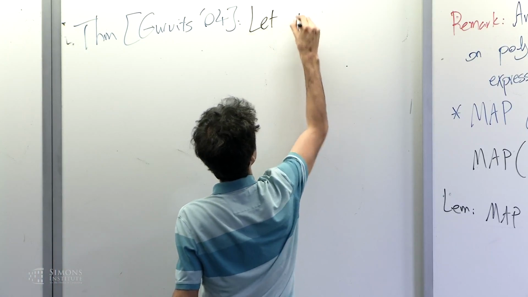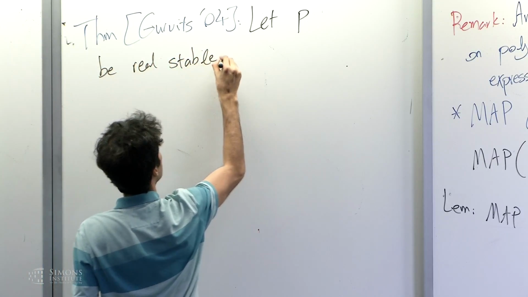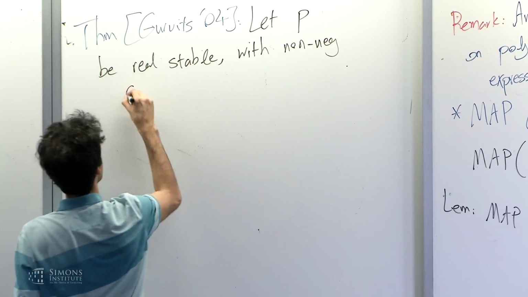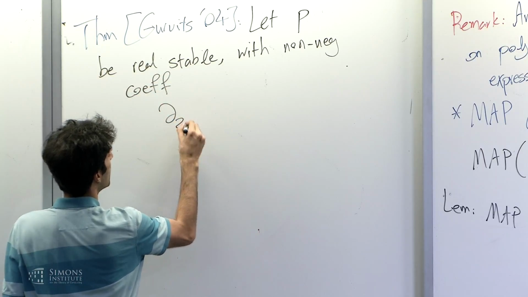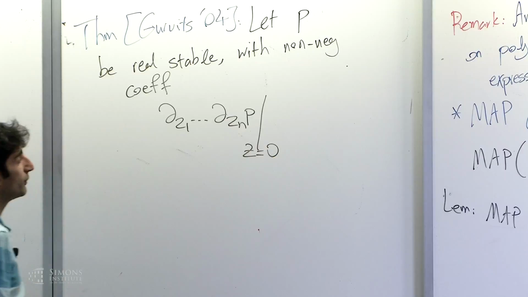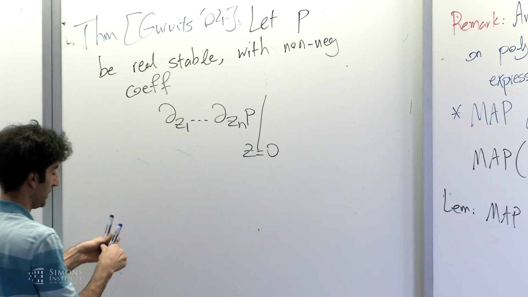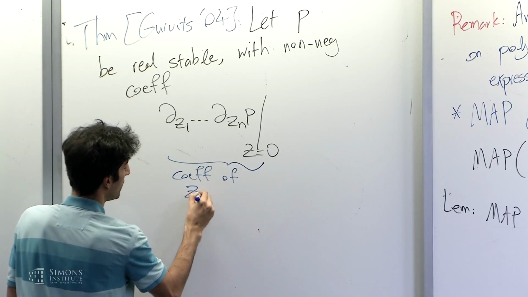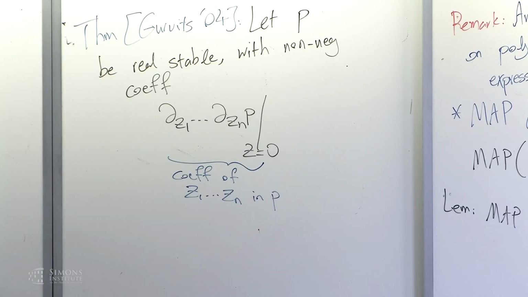Let P be real stable with non-negative coefficients. If I take partial z1 up to partial zn of p at z equal to 0, you differentiate p with respect to z1 up to zn, then evaluate at 0. What this means is that this is really the coefficient of the monomial z1 up to zn in p.